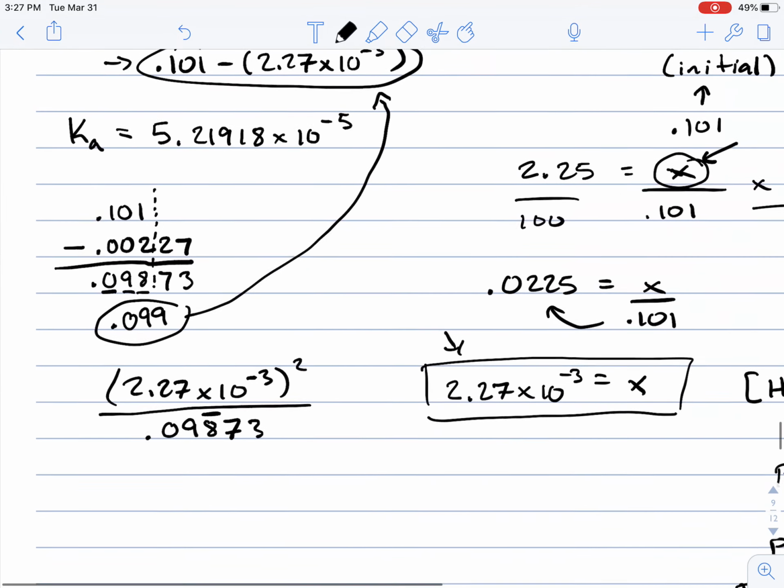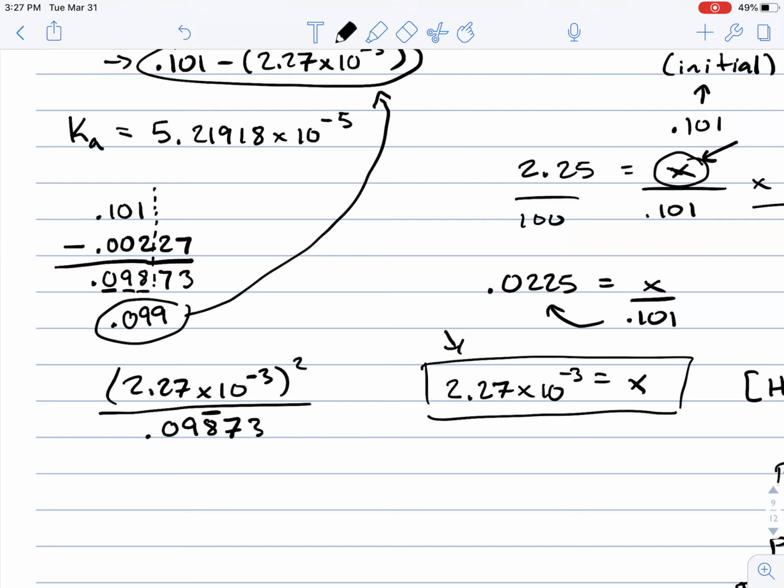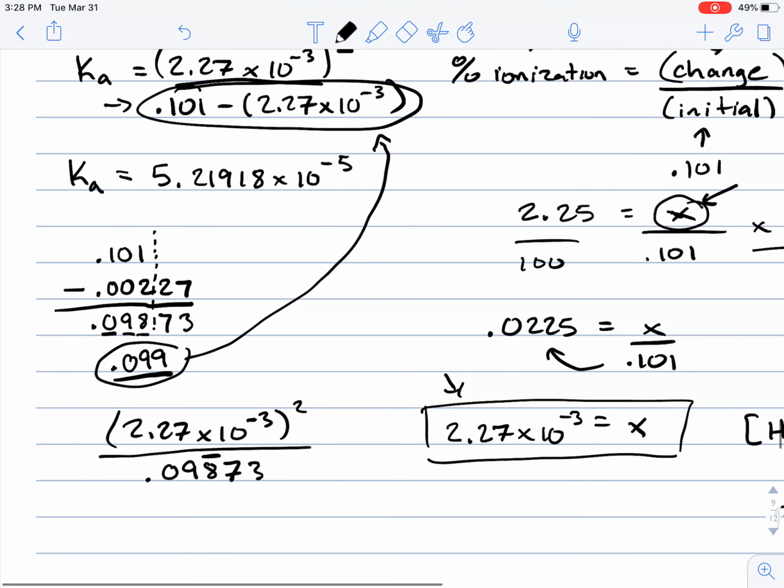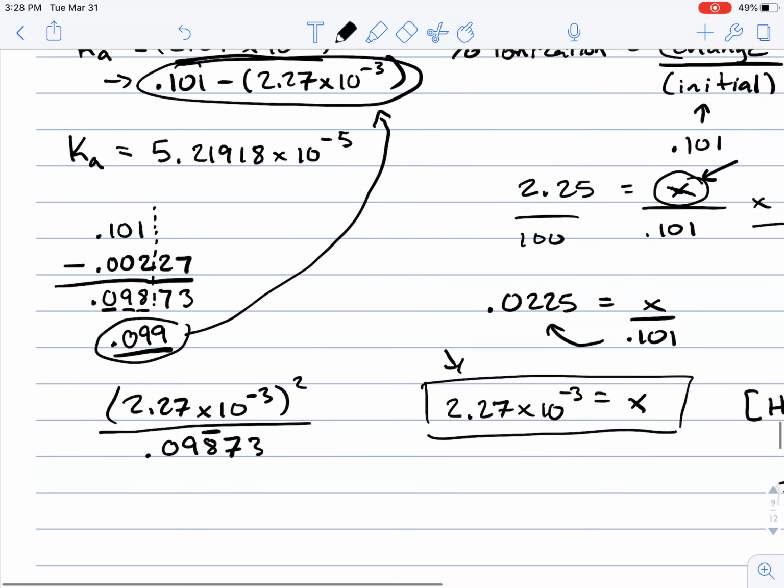Now, the reason why I didn't put in 0.099 is because I don't want to lose accuracy, if you will. But I do want to be precise in reporting the number of significant figures. I don't think it's going to affect our answer too much whether you put 0.099 or 0.09873. But long story short, this is telling us that we have 2 sig figs when we perform the division.